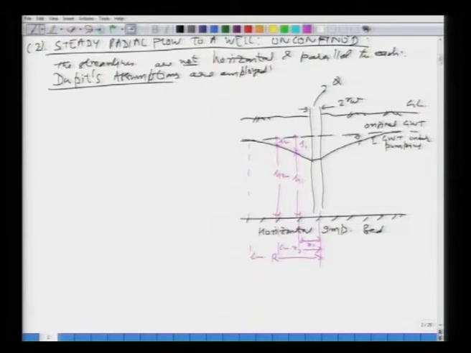At any general distance, let us say this is your S and this is your H as a function of R, and this is your R. The height in the well is HW and this is of course your SW, okay.